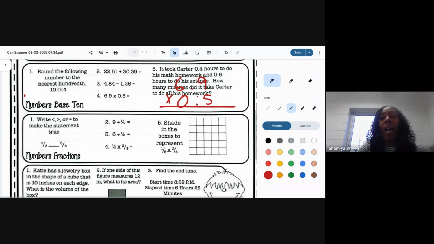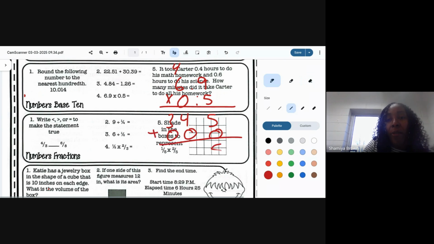So 9 times 5 is 45. Put my 5, carry my 4. 6 times 5 is 30, plus 4 is 34. Put my 0 to hold my place, but really I don't have to do this bottom row because it's just going to be zeros, because 9 times 0 is 0, 6 times 0 is 0. So my answer is just going to be 345.